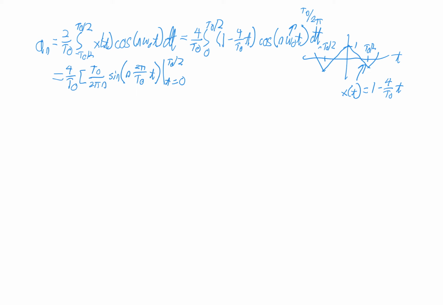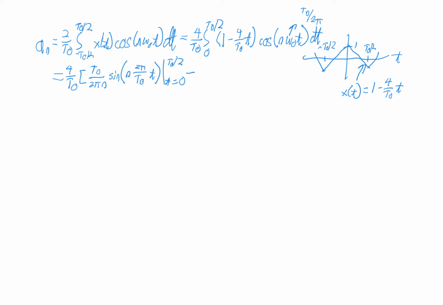Now we have to handle the more complicated component, which is 4 over t naught times t. So there's t, our variable for integration. So we have t times cosine n omega naught t here that we are integrating. So this 4 over t naught is going to be a constant.